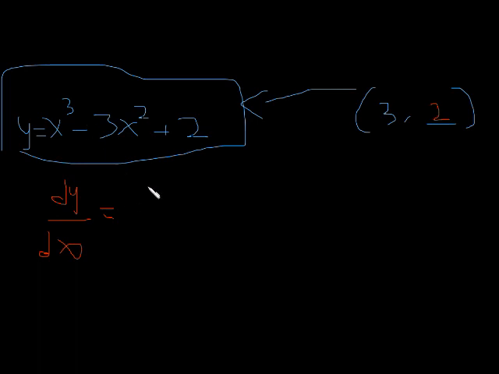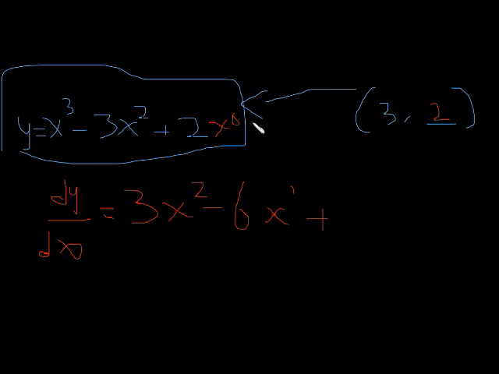Again, the power will become the coefficient of x, and the power reduced by 1 becomes 2. For the next term, the power is 2 and it multiplies with the coefficient 3 to give 6, and the power of x reduces by 1. Now here we have no x, so let's put x raised to power 0, because anything raised to power 0 is 1 and 2 times 1 is 2, so it's the same thing.